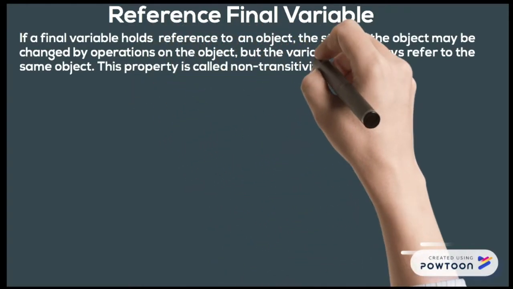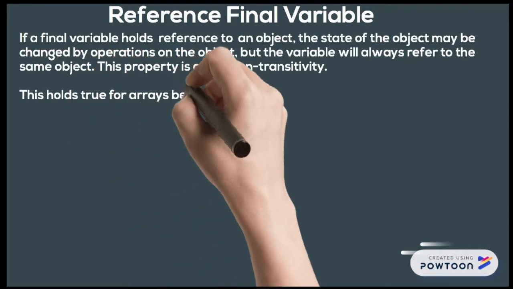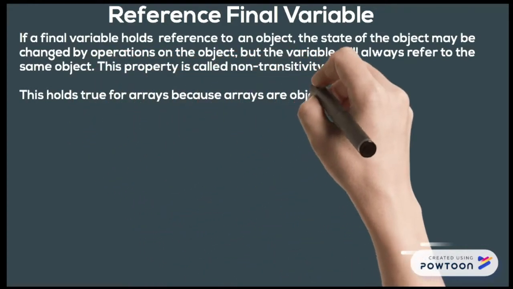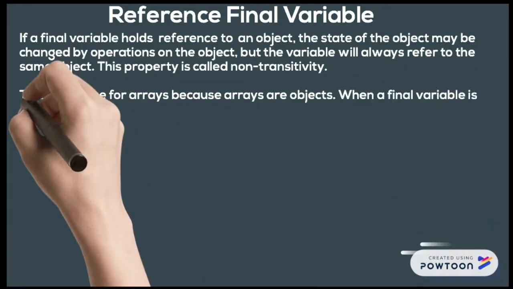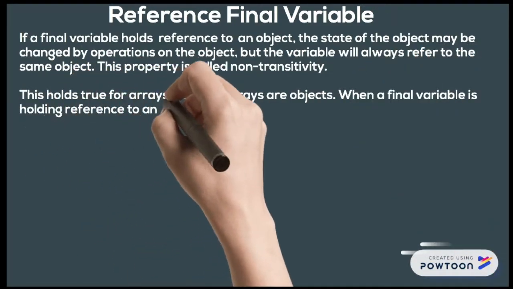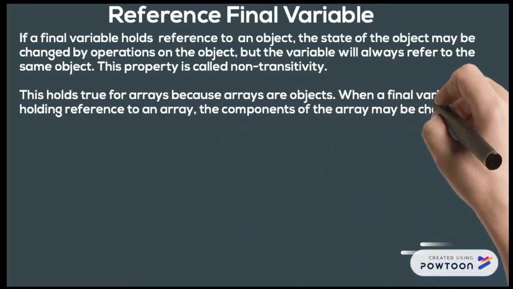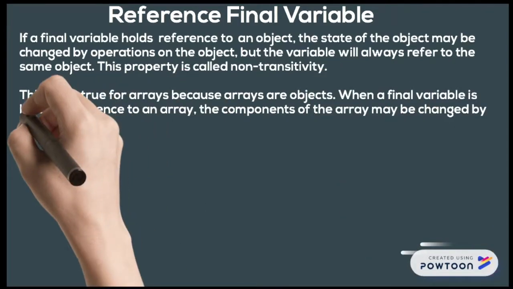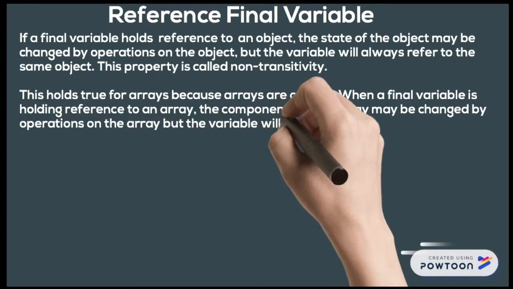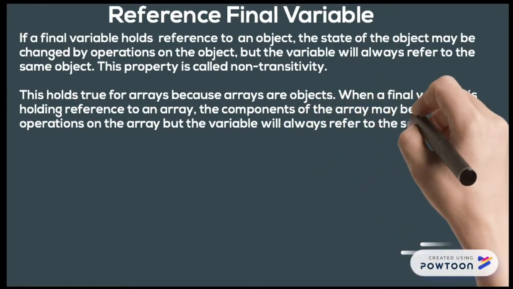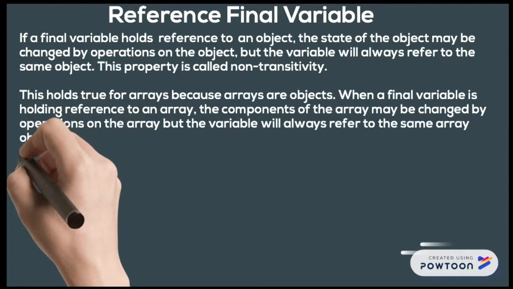This property is called non-transitivity. This holds true for arrays because arrays are objects. When a final variable is holding reference to an array, the components of the array may be changed by operations on it, right? But the variable will always be pointing or referencing to the same array object.